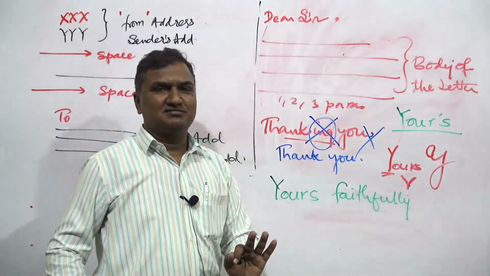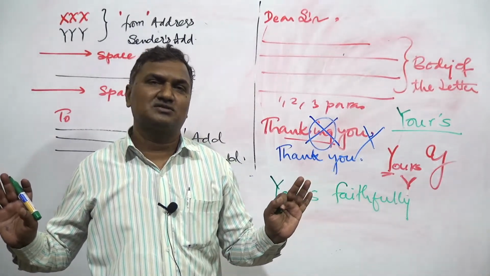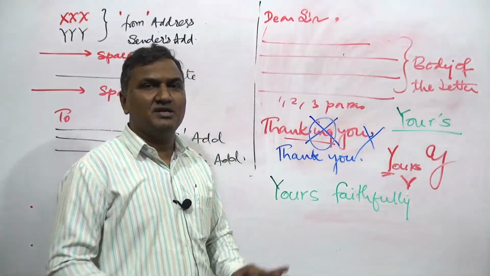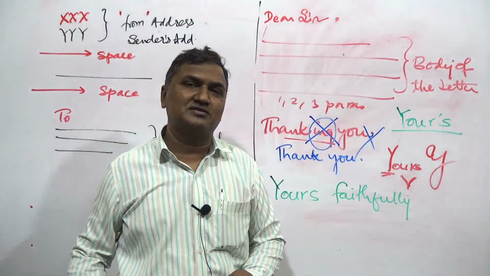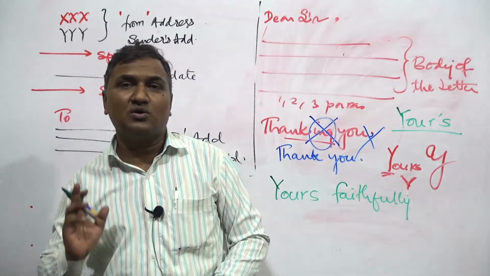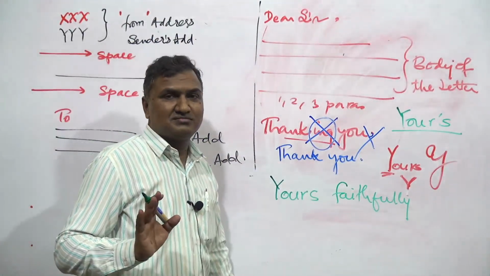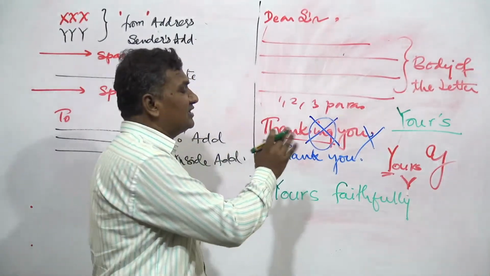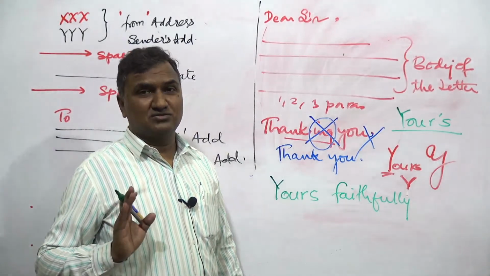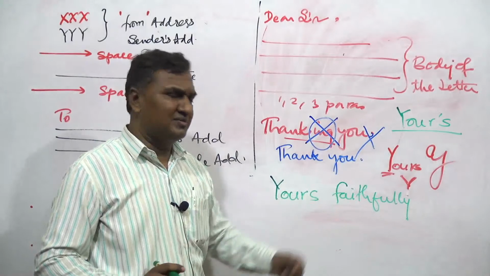But I advise, don't use commas and full stops. If you start using them, you will write commas somewhere and forget to write them somewhere else. If you give commas, you have to keep them at all the appropriate places. If you forget to place a comma at a particular place, it will cost you a mark also. So better not to use the comma.